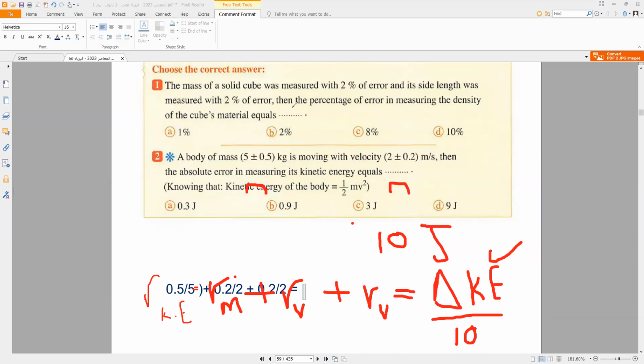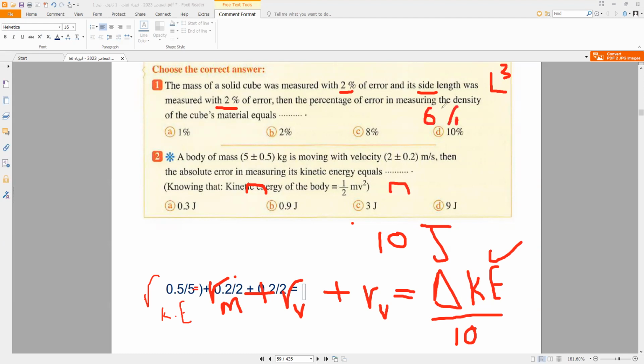Density equals mass over volume. Here we have the mass at 2% and the side length, but volume equals length power 3, so this value must be multiplied by 3. 2 times 3 equals 6%.